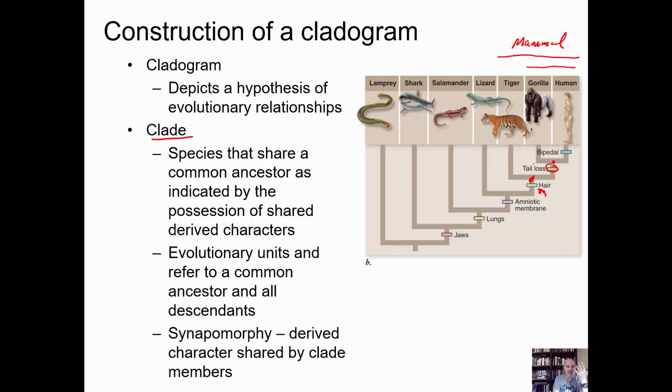So each clade is going to be defined by an ancestor that has evolved this shared derived character. And that new character arises within these groups. For example, you're going to move on land, you're going to need an amniotic membrane, so you're an amniote. That broader clade is defined by that derived character.